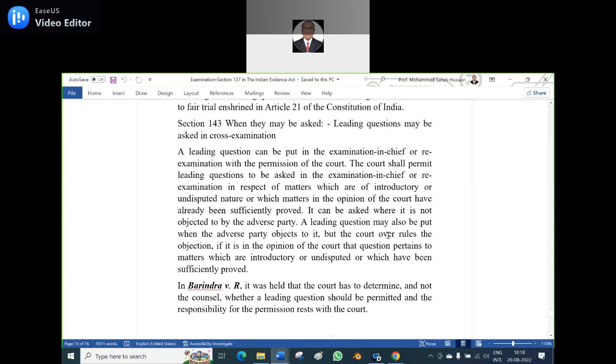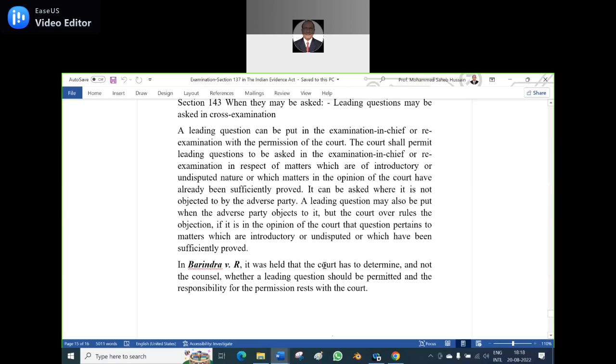It can be asked where it is not objected to by the adverse party. A leading question may also be put when the adverse party objects to it, but the court overrules the objection if in the opinion of the court the question pertains to matters which are introductory or undisputed or which have been sufficiently proved.